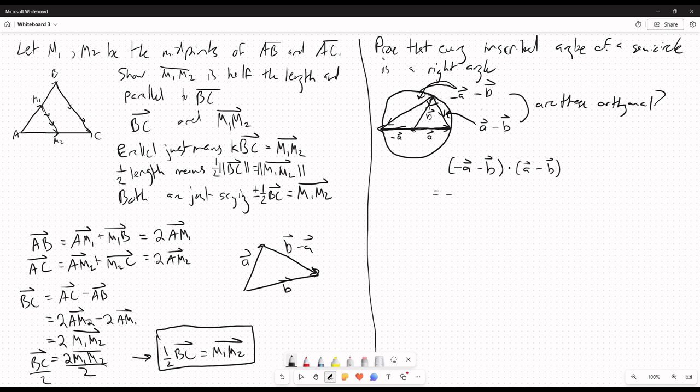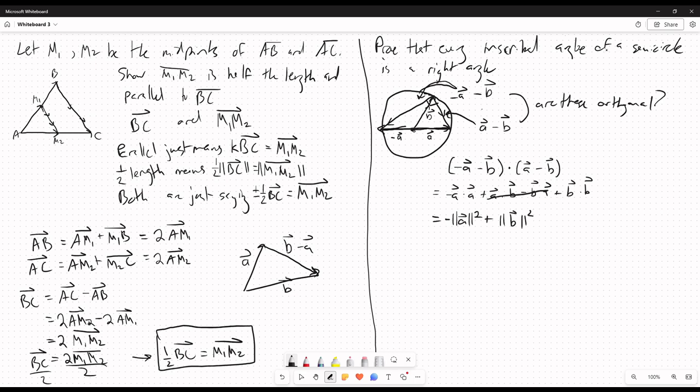Well, this is going to be negative A dot A plus A dot B minus B dot A plus B dot B. So these are going to cancel, and I'm going to rewrite this. We know that A dot A is just the norm of A squared. So we're going to have the negative norm of A squared plus the norm of B squared.